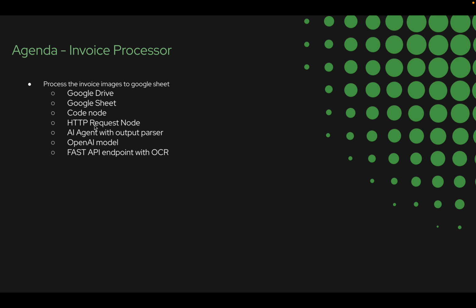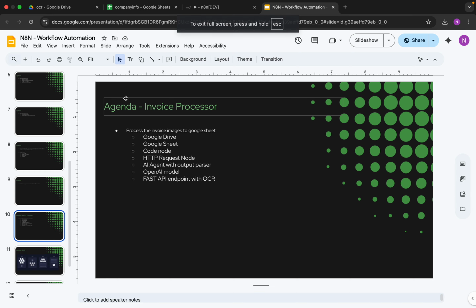Then we will use the HTTP request node to call the FastAPI endpoint. Then we will use the AI agent with an OpenAI model. These are the basic nodes we will understand in this video. So let's go one by one.